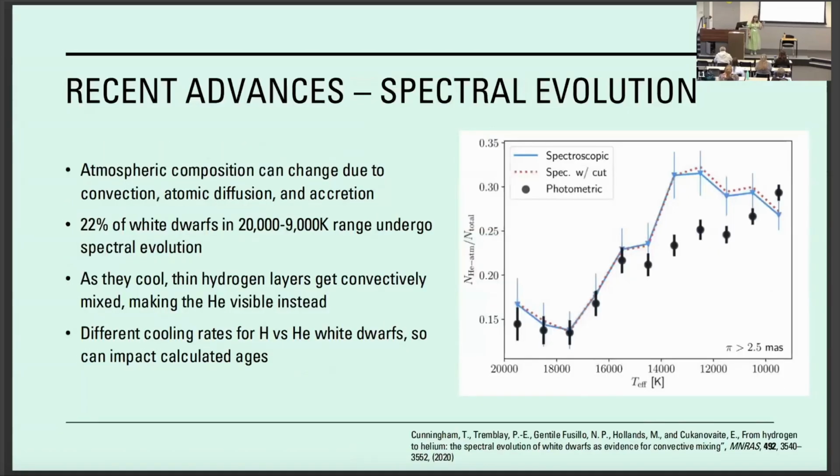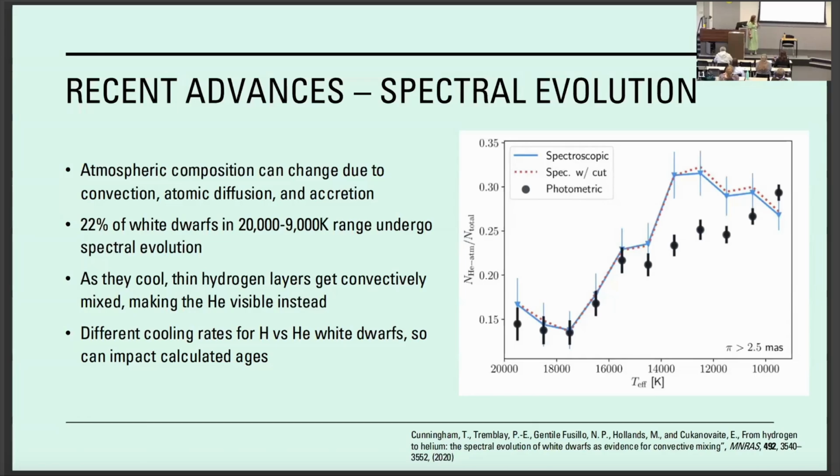The other issue that we're currently grappling with is the spectral evolution of white dwarfs. All of our white dwarf cooling models basically depend on the atmospheric composition that we observe of the white dwarf, whether it's hydrogen or helium.